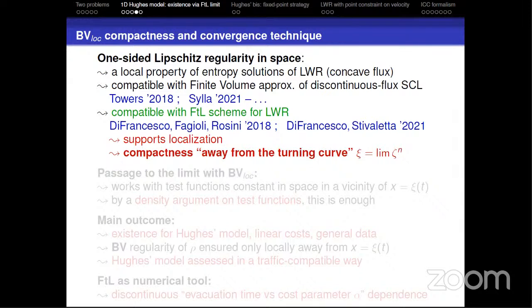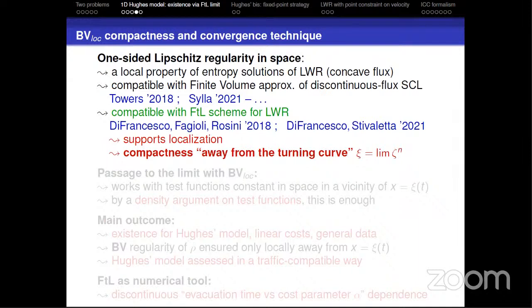Then, what is more important for our purpose is not that it is compatible with monotone numerical schemes, it is compatible with FTL approximation, and even Graziano Guerra's thesis says to us that it is probably the best way to see the entropy nature of the FTL scheme if you don't go to the Lagrangian version of Holden and Risebro.